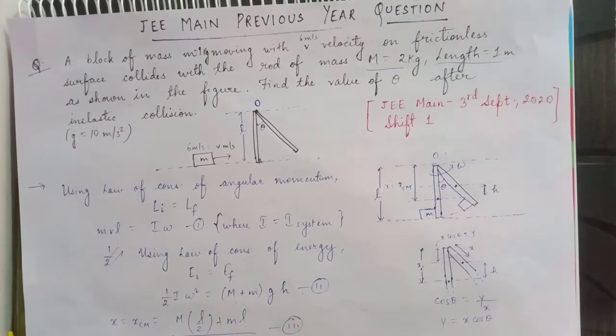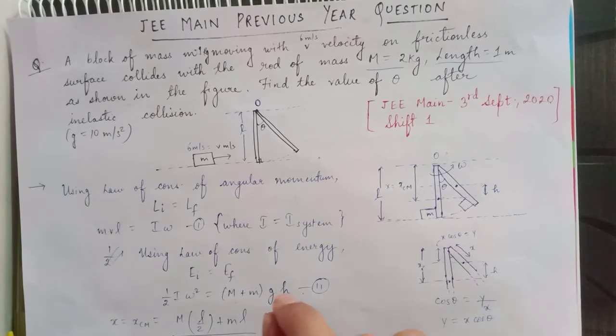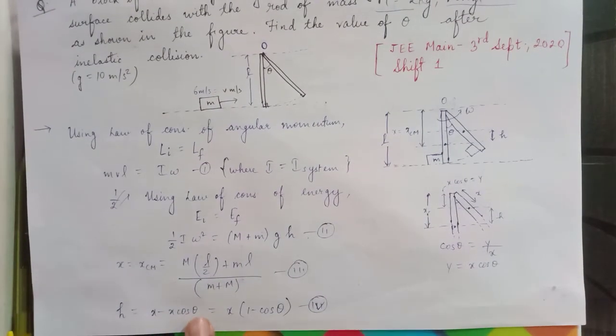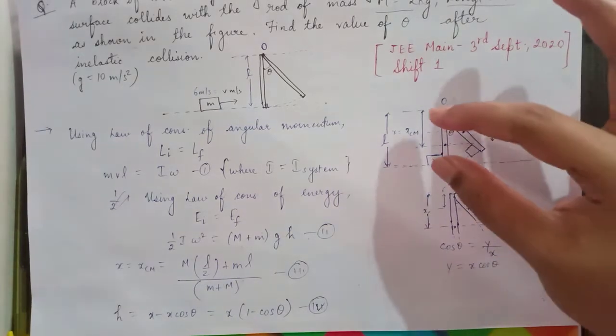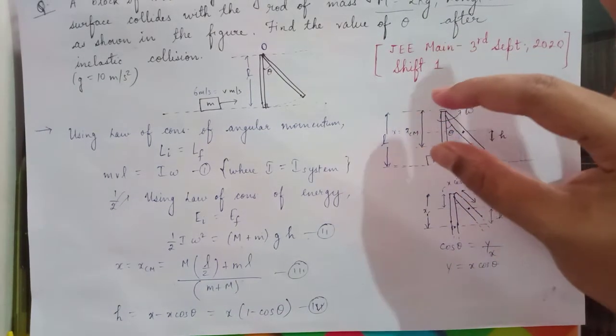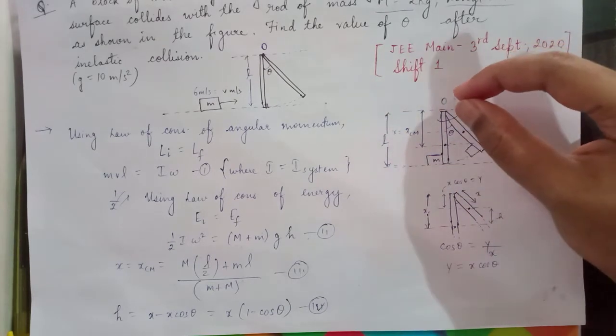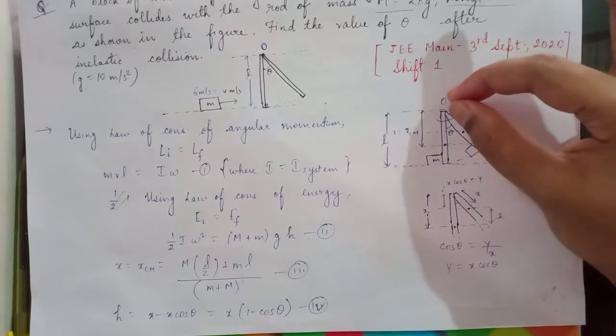So you can see that here we are required to find the value of theta. To introduce theta into this equation, we can write small h like this: small h equals x minus x cos theta, where small x is the distance of the center of mass from the point of rotation.